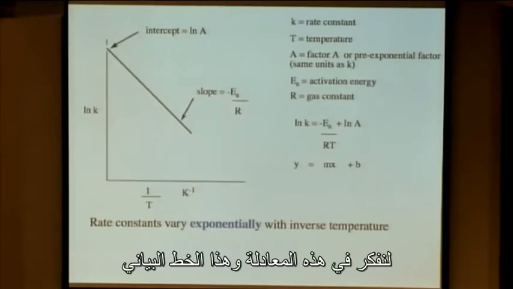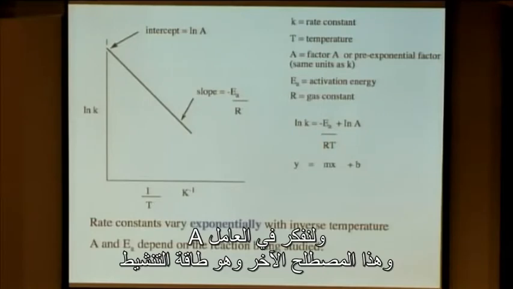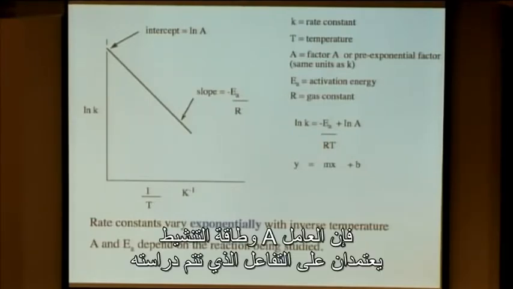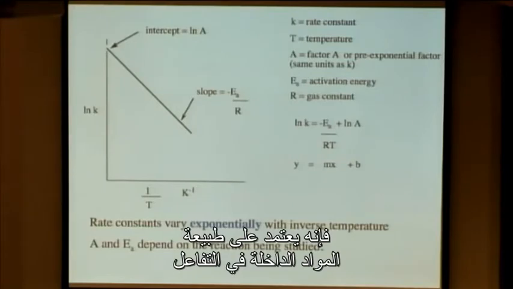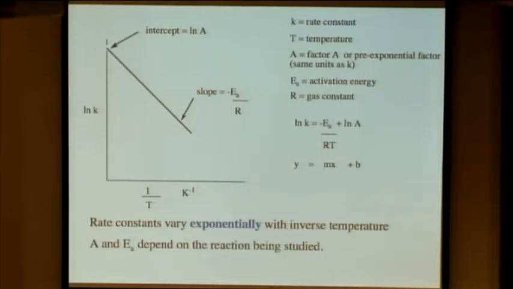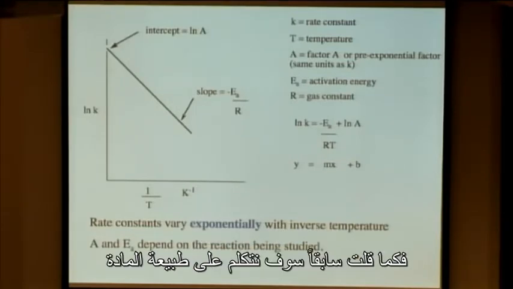So let's think about this equation and this plot, and about factor A and this other term, activation energy. Factor A and activation energy depend on the reaction being studied. So it depends on the nature of the materials involved. I said we'd talk again about nature of the material.